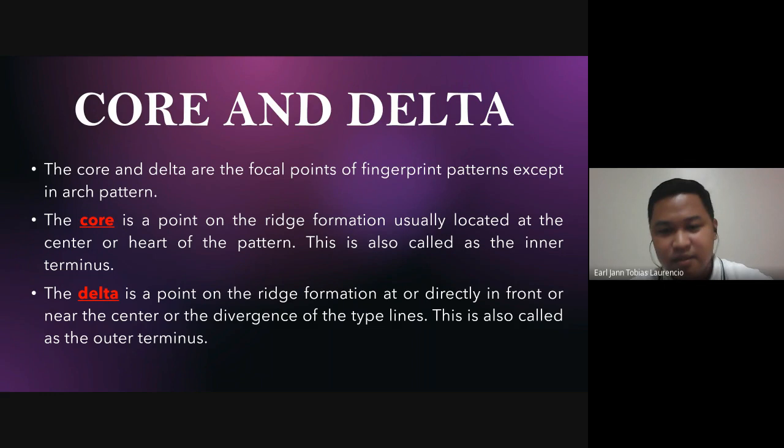The point of divergence is the place wherein the type lines separate their direction. They separate their ways. Okay? So there, at the middle where they get separated, is where we can see the delta of the pattern. That's why it is also called the outer terminus.